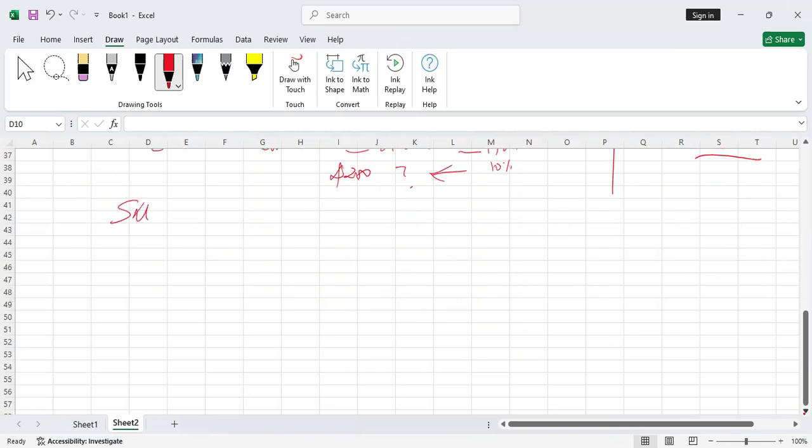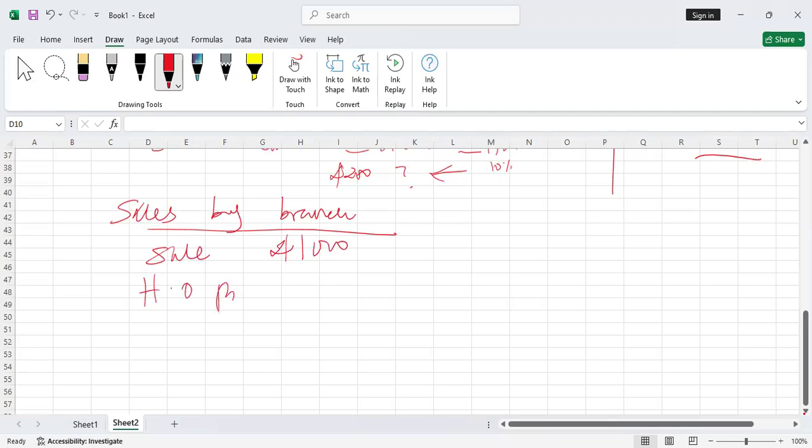Sales by branch, they sold 41,000. Head office profit. The head office would make a profit every time a sale is made, and we say 41,000 multiplied by 25 divided by 125.